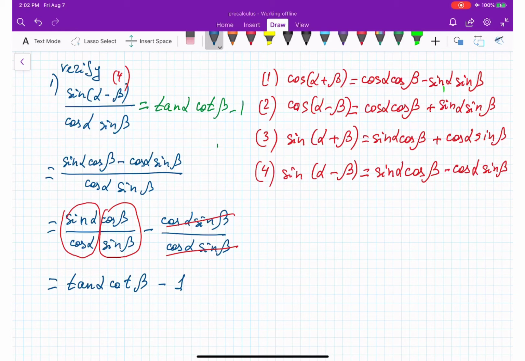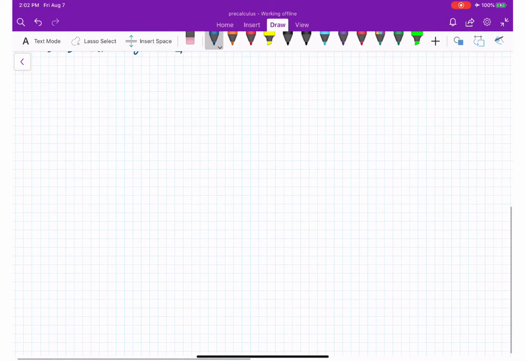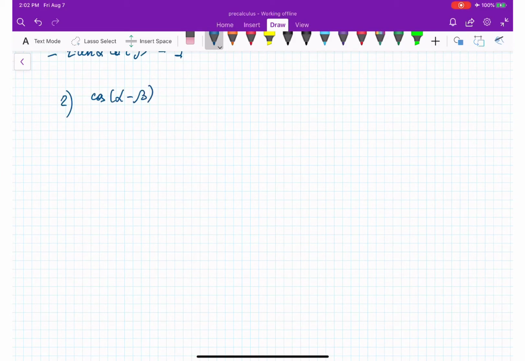Okay, next one, problem number 2. What do we have here? We have cosine of alpha minus beta over cosine alpha sine beta.